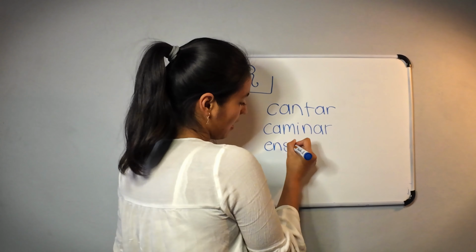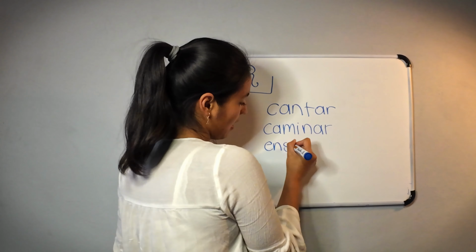So in here, if I want to say I sing, it will be yo canto. Super easy. If I want to say you walk, tú caminas. If I want to say she teaches, ella enseña.